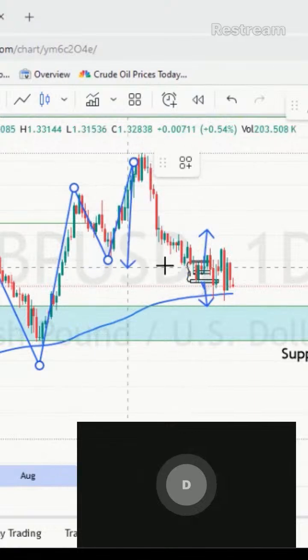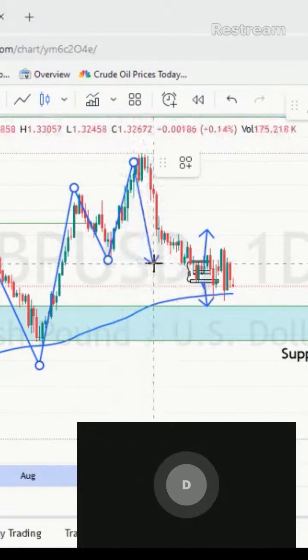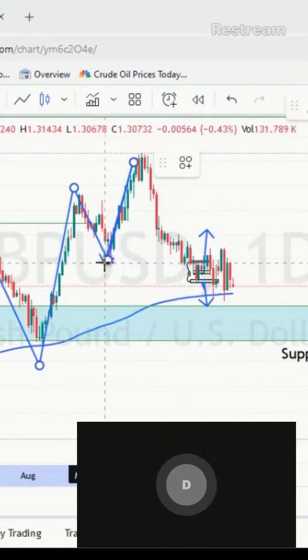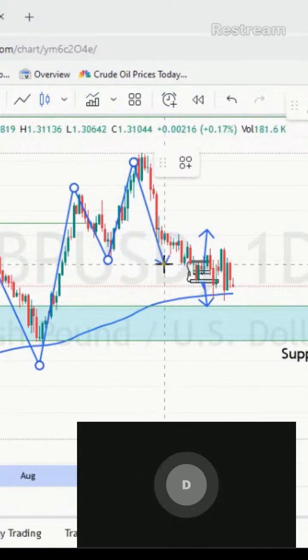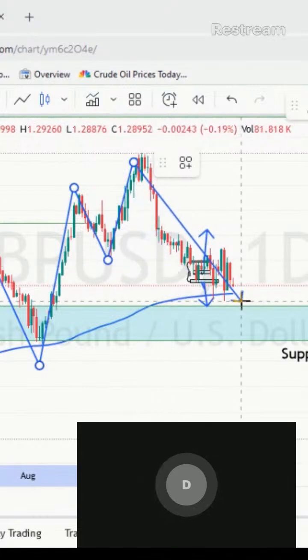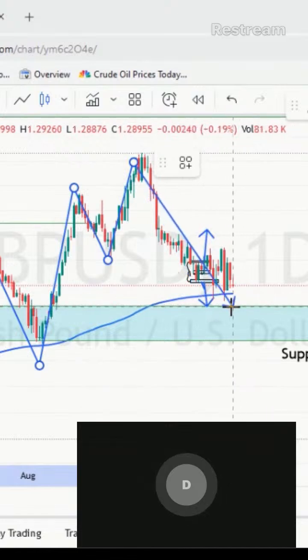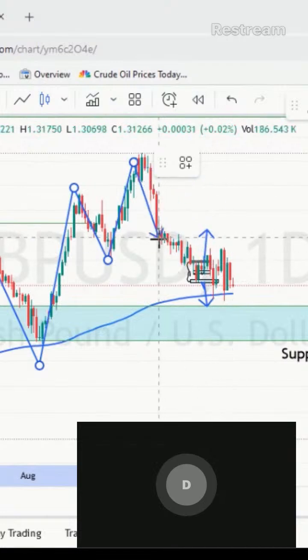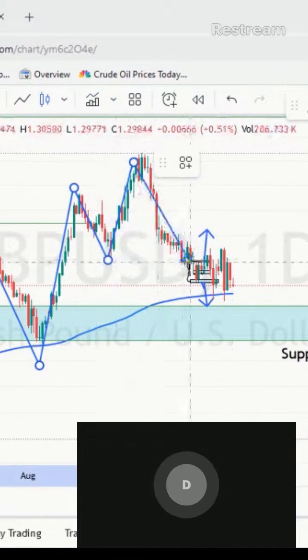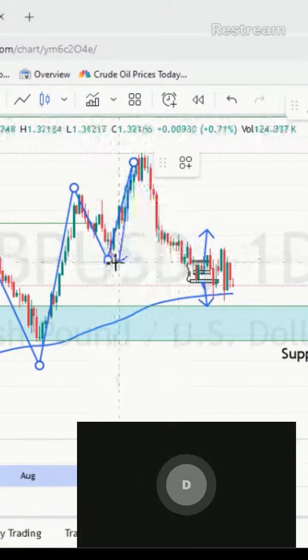Then on getting to this place, we have a shift to the downside. Since we have a shift to the downside here, that means we have to sell up to a level where we're going to have a clear support that will return the price back to the upside. So we have a break of structure or a change of character from this side.